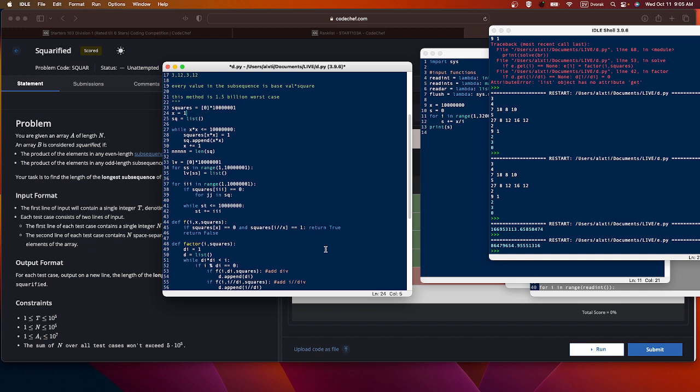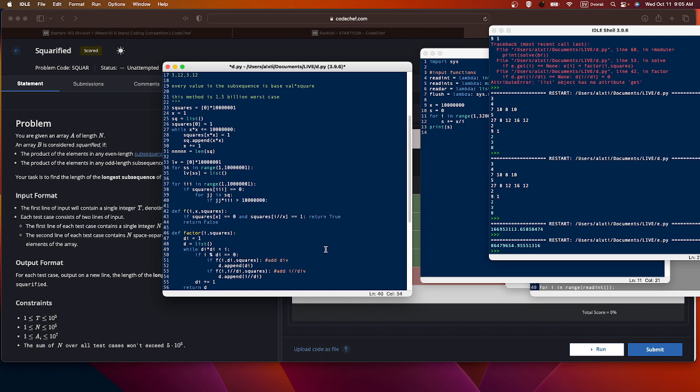And we can start at 1, just for completeness. If J times J... we can use I as a base.